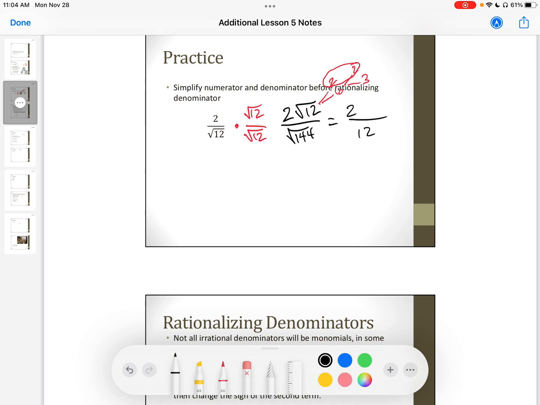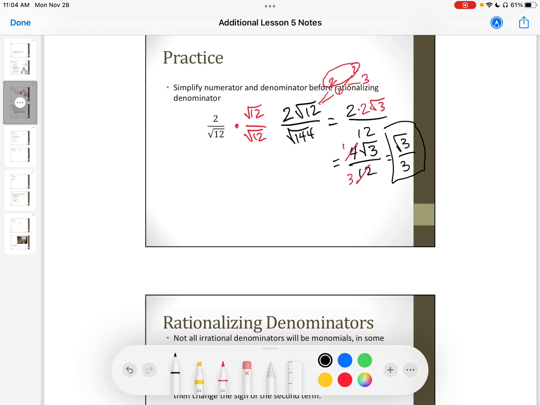So I still have that 2 on the outside, times the pair of 2's that I just pulled out, square root of 3. So when I do that, I end up with 4 square root of 3 over 12. Can I simplify any more? Yeah, 4 over 12. Divide 4 by 12, that gives me 3. So I end up with my final answer of square root of 3 over 3. So that's one way that I can do that.